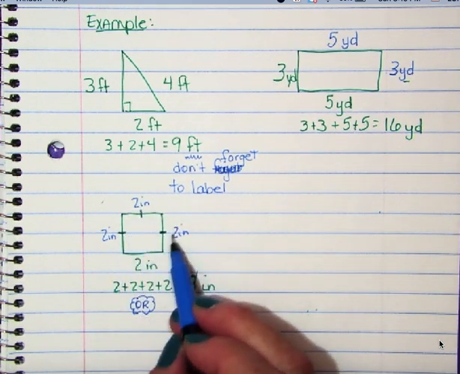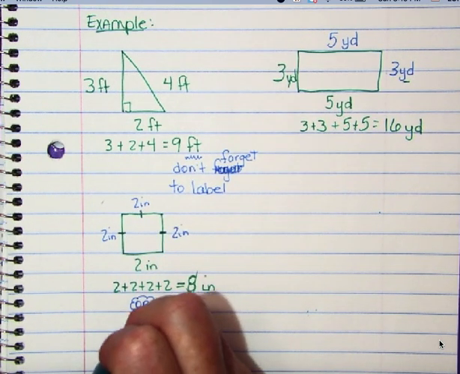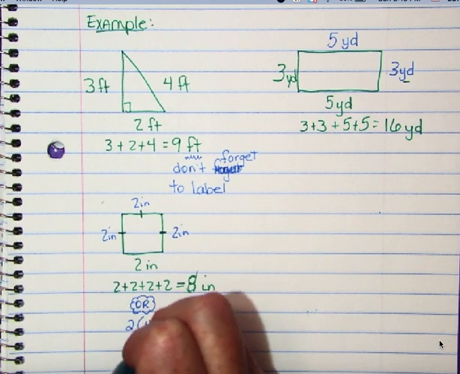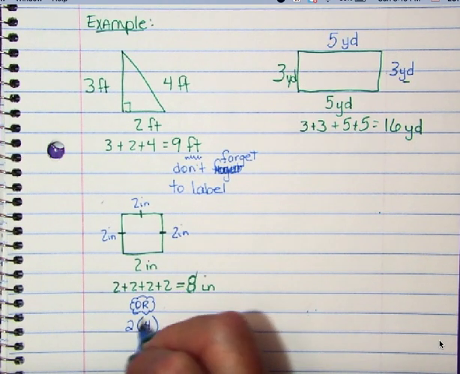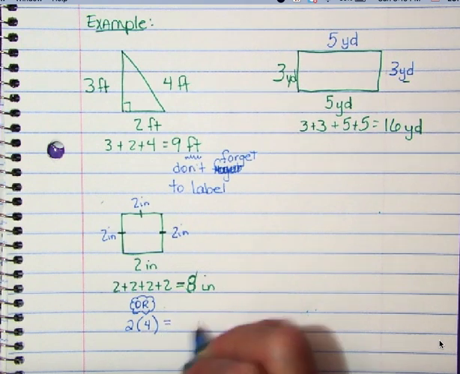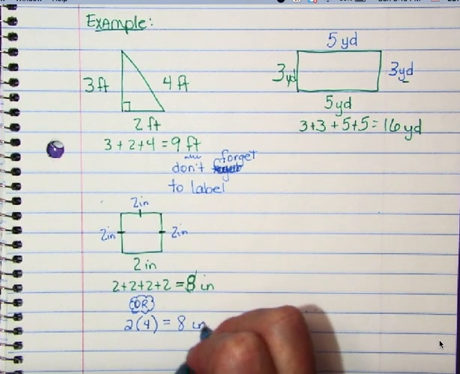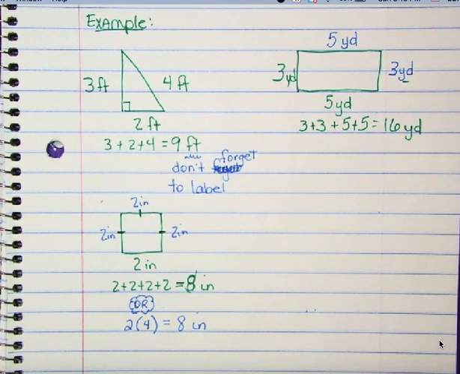There are 4 sides. Each of them is 2. 2 times 4, remember parentheses means times, is 8 inches. Get the same answer either way. Just depends on if you want to add it up or multiply.